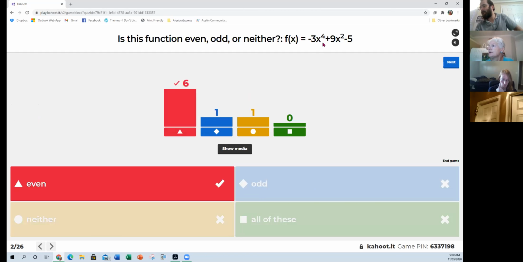If you look at the exponents, there's a 4, there's a 2. A constant always counts as even because it's like 5 times x to the 0 power. If you've got a polynomial that has all even exponents, then it's even. And a constant is considered even because it's like x to the 0.